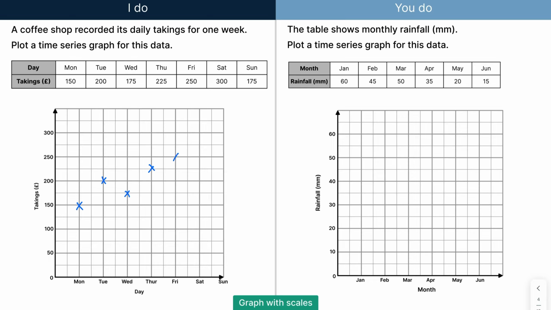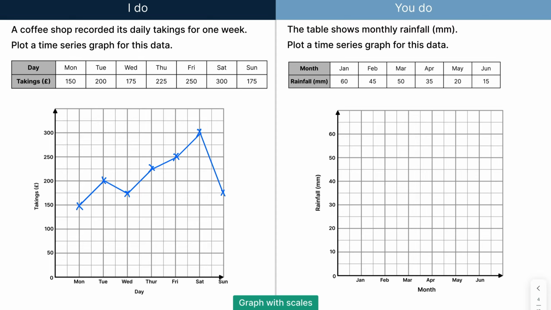Friday is 250. Saturday is 300 and Sunday is 175. Now you have to remember to connect this with a straight line. That is very important. Use a ruler and a pencil to do all of this, and make sure all these lines are connected with straight lines. There we go. Now that is your time series graph done.